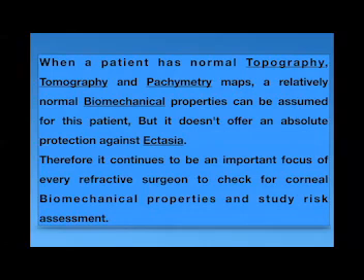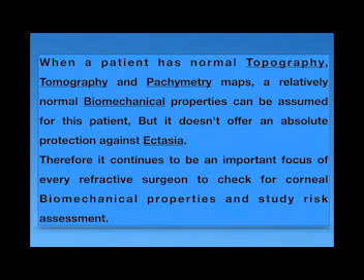But it's still important for every refractive surgeon to focus and check the corneal biomechanical properties to complete his tools for studying the risk assessment for that patient. A patient may have a normal topography or normal pentacam in general, but he may have abnormal corneal hysteresis.